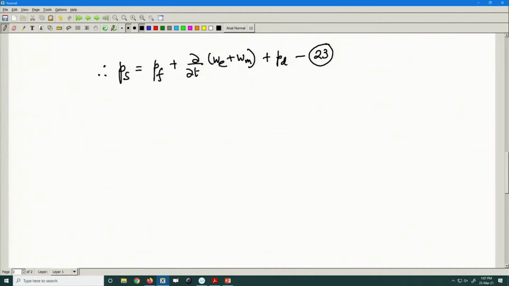So, equation 23 basically states that the density of power supplied by the sources must equal that leaving the point. So, this is the term for the power leaving the point, plus that dissipated, which is this term, plus the rate of increase of stored electric and magnetic energy densities.